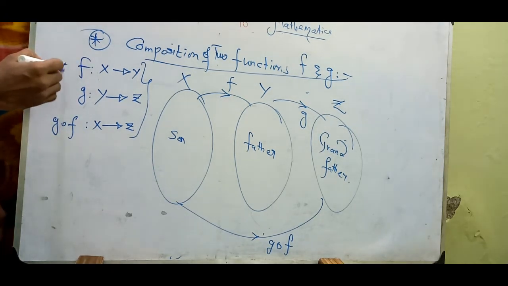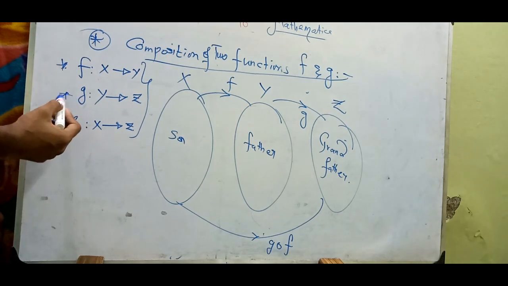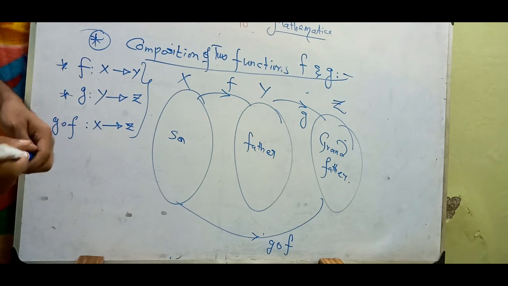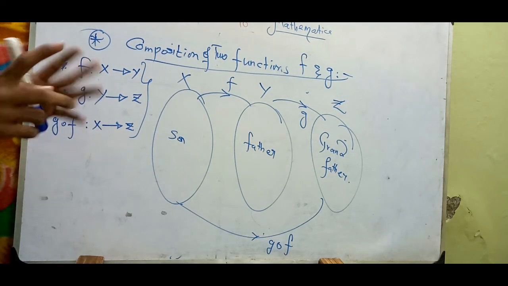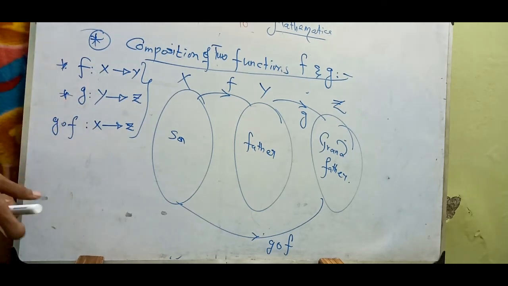See, here I have given a function f from X to Y and another function g from Y to Z. There we have treated the function by only one variable. Here we are treating the function with two rules, f and g.